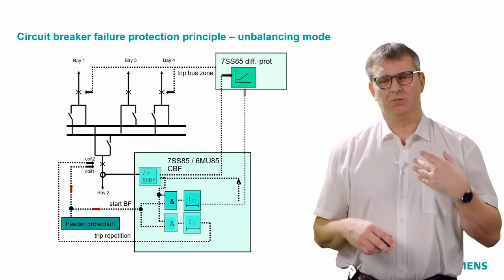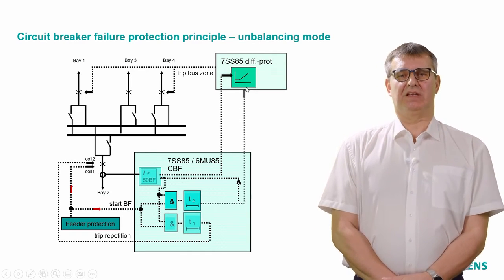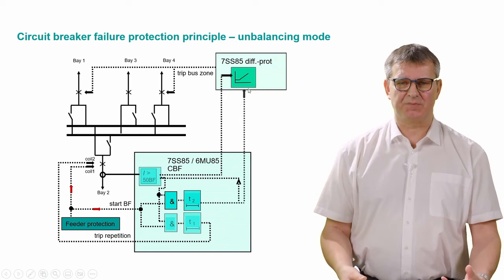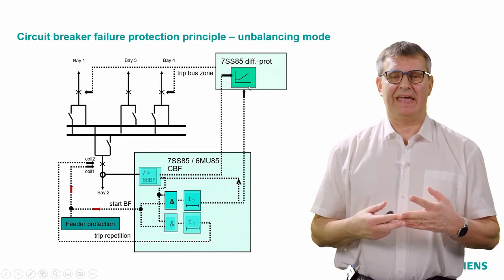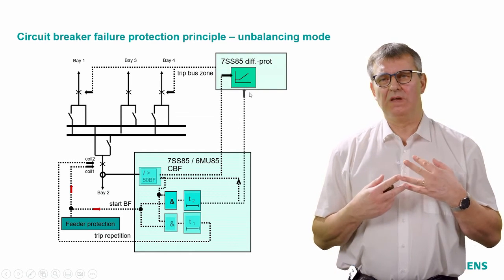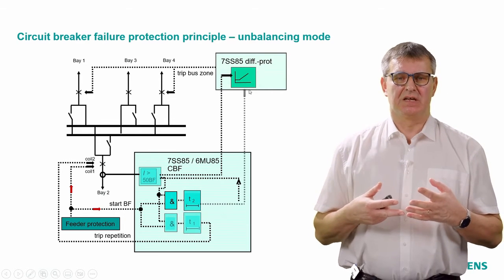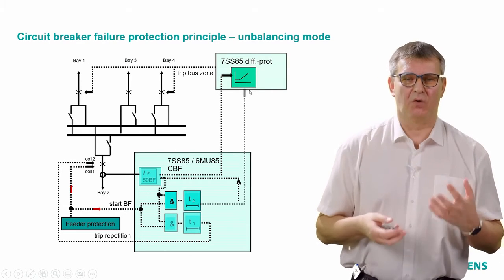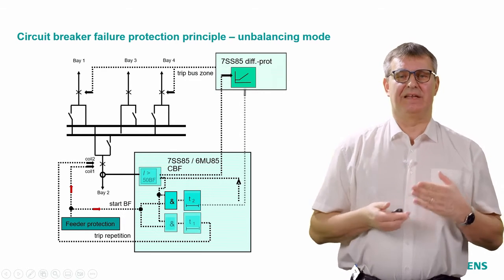We will send once again a signal to the 7SS85 function group busbar protection, to the 7SS85 central unit. And now we are not directly tripping bay 1 and bay 4 according to the disconnector image, because we are now in the unbalancing mode.